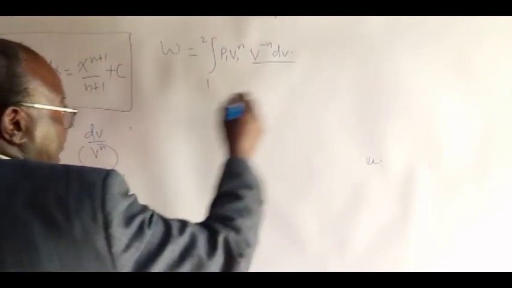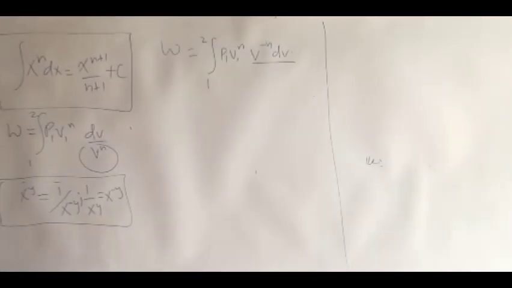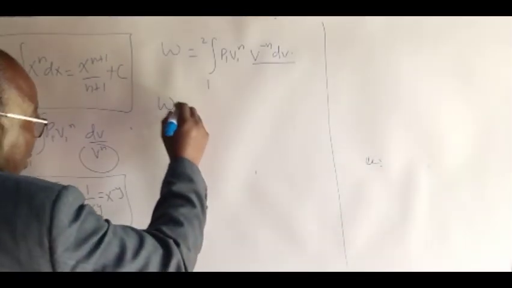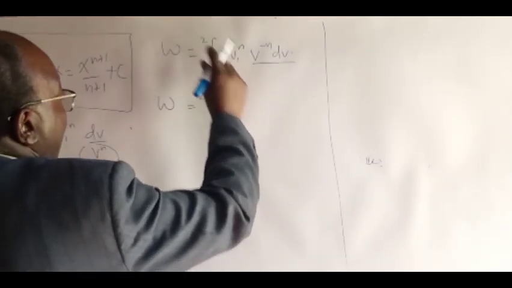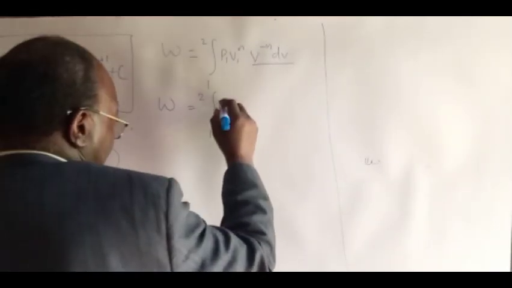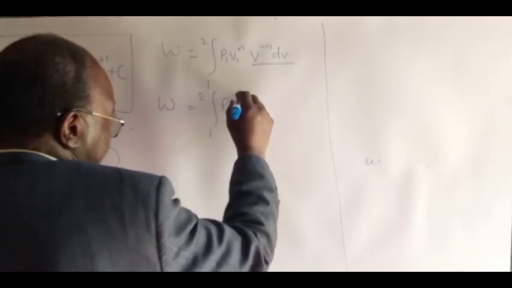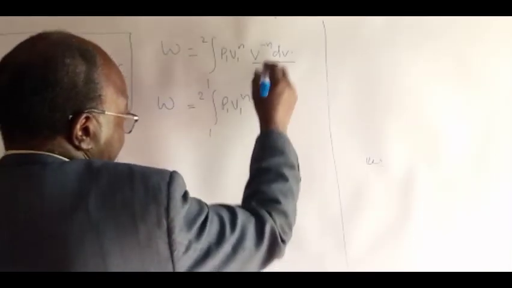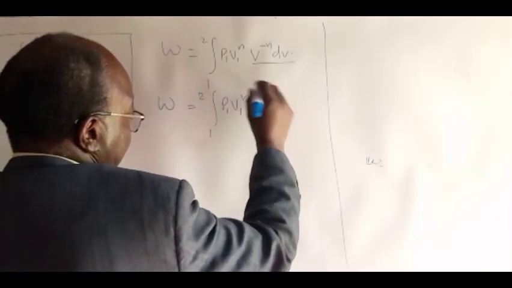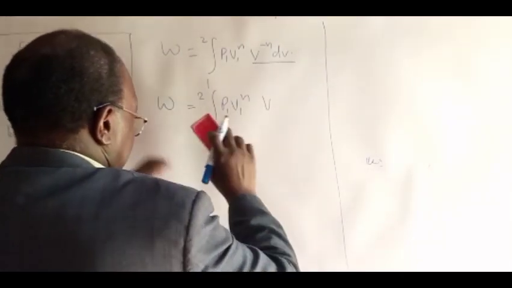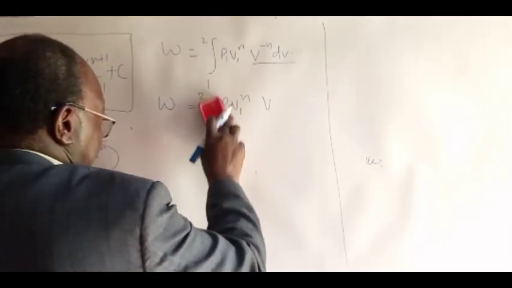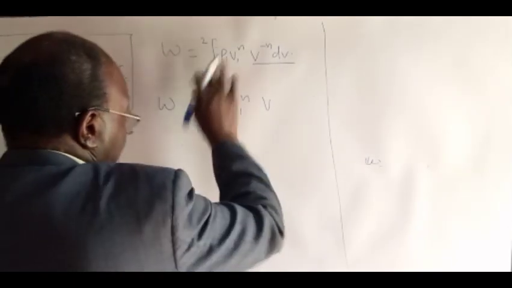So when I do the integration of that particular one, W therefore is equal to the integral here. So we have it integrated. Let's finish the integration there. I don't need the integral sign there now, because we have already shown that there.